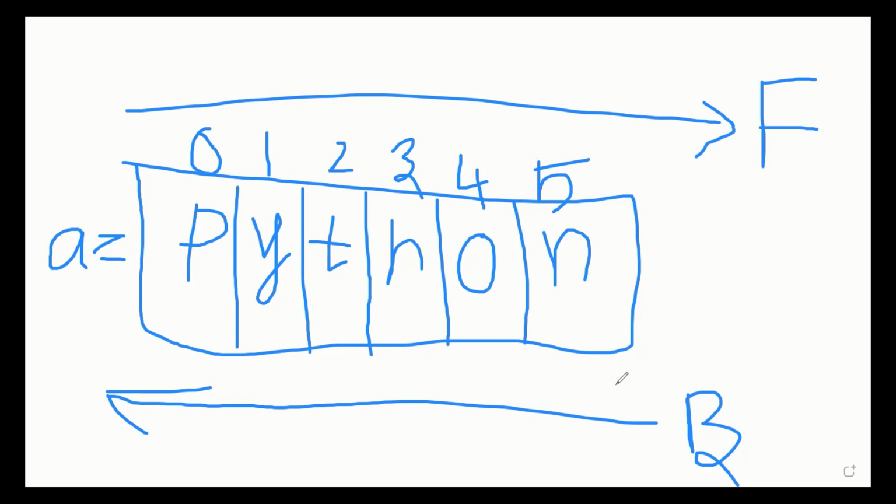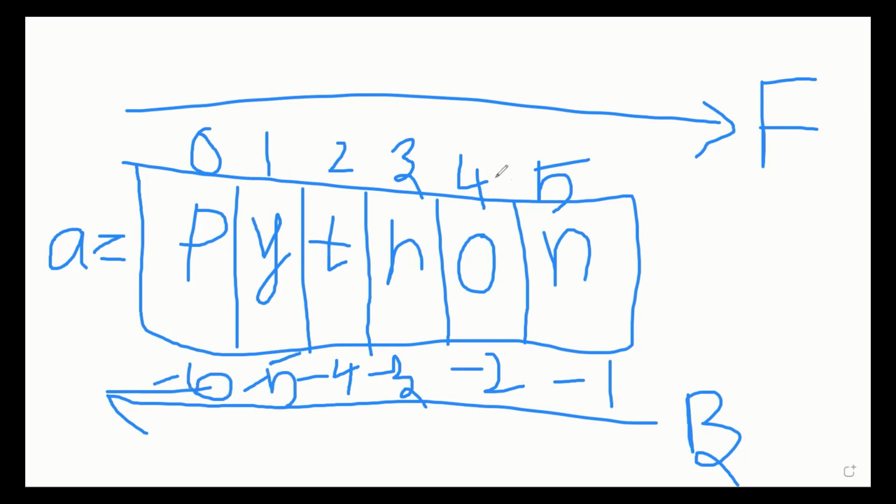The backward indexing will start from the end and go towards the beginning of the string. It will start with -1, -2, -3, -4, -5, and -6.